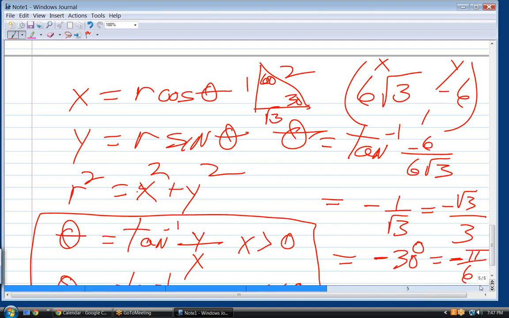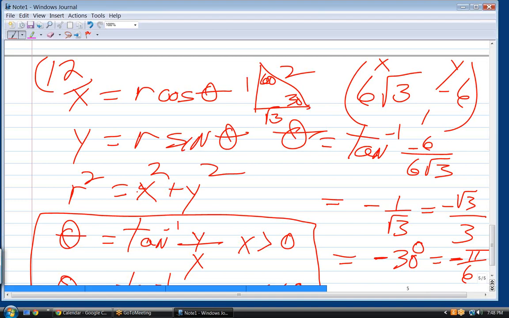So you have r and you have theta. That's all you need for the polar coordinates. R is, I erased it. What was it? It was 12. Would negative pi over 6 be the same as 11 pi over 6?